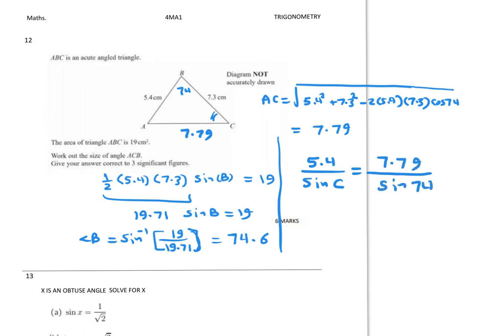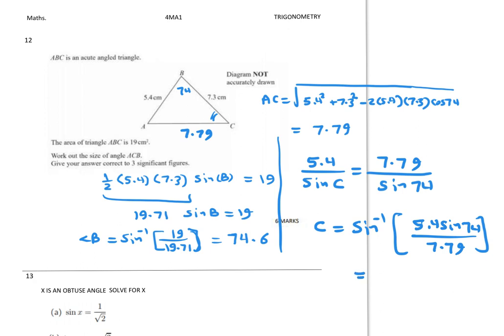Cross multiply to find angle C. So angle C is sine inverse of 5.4 sine 74 divided by 7.79.